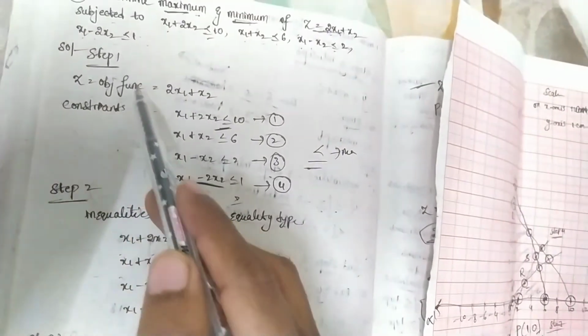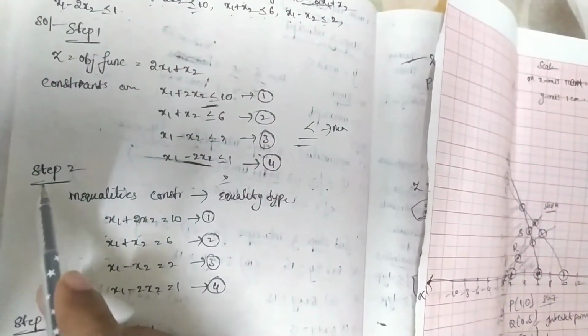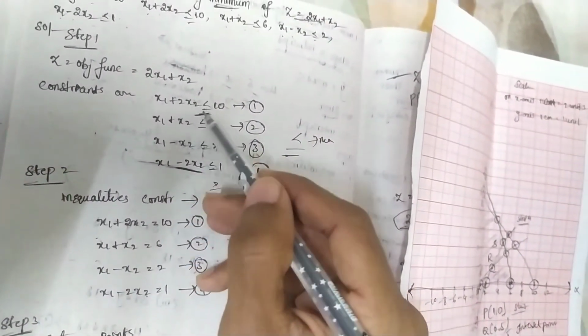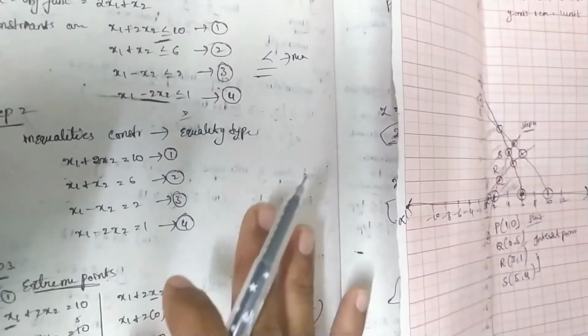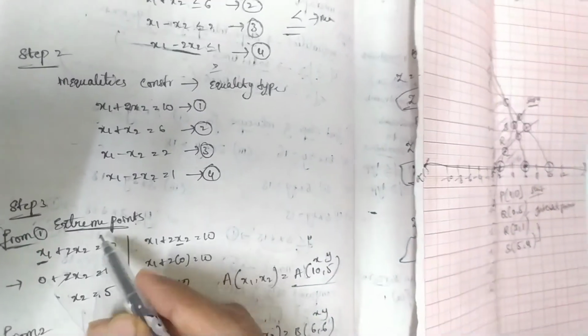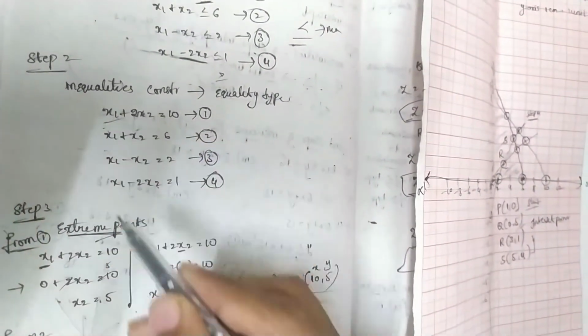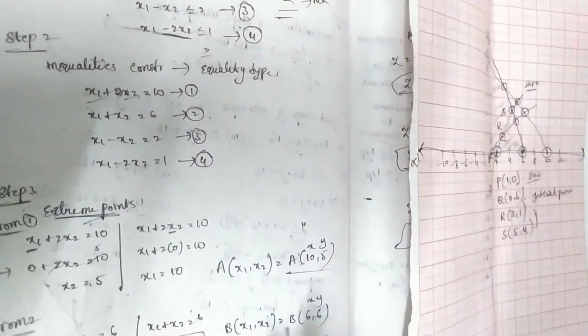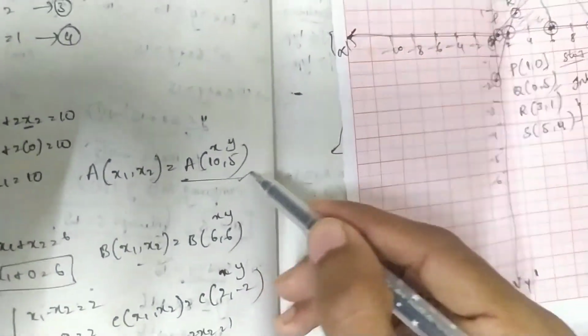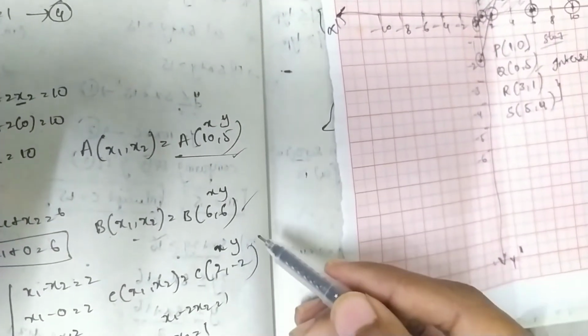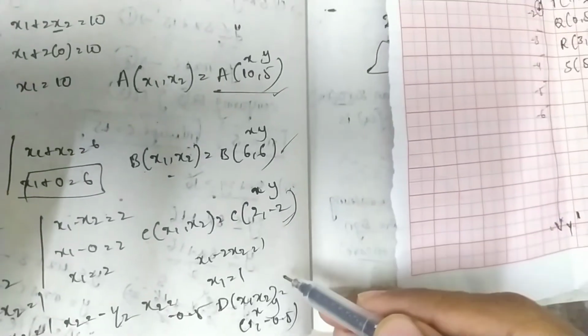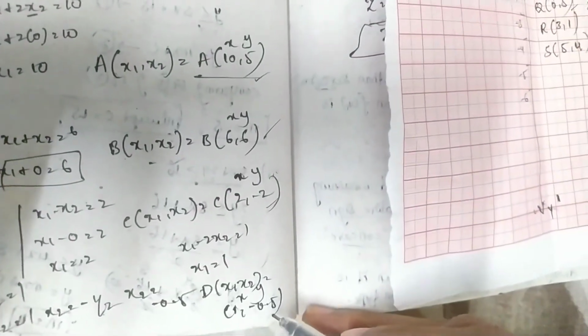Again I am repeating. First of all, in the first step we write the objective function and constraints. In the second step we convert the inequalities of the constraints into equality type. In step 3 we extract the extreme points by placing 0 at x1 and again placing 0 at x2. We get some extreme points: A of 10 comma 5, B of 6 comma 6, C of 2 comma minus 2 and D of 1 comma minus 0.5.